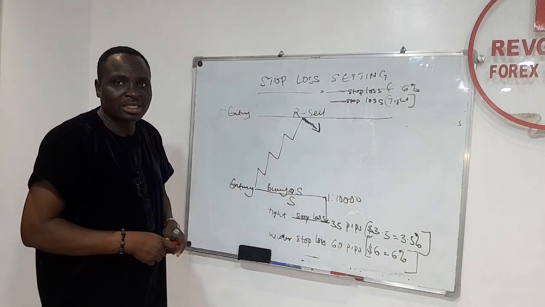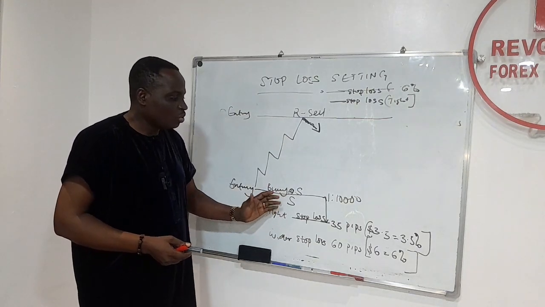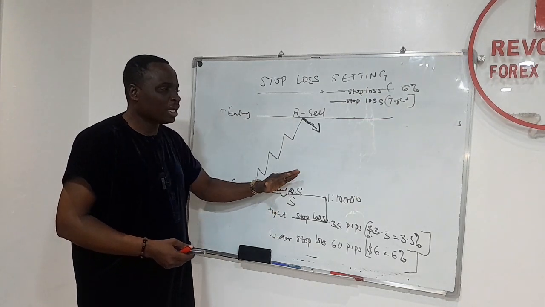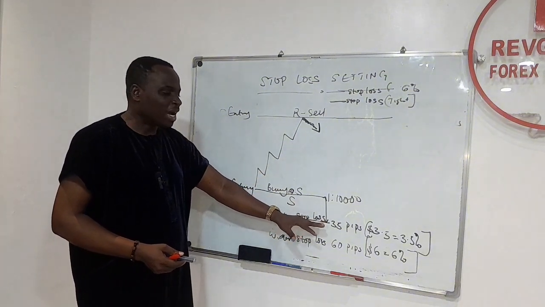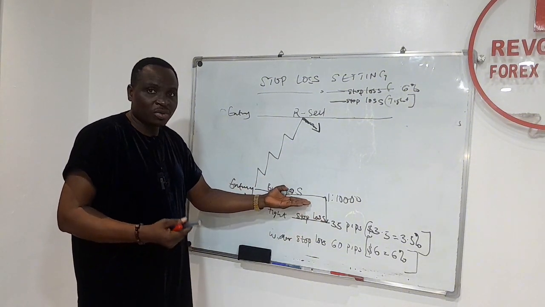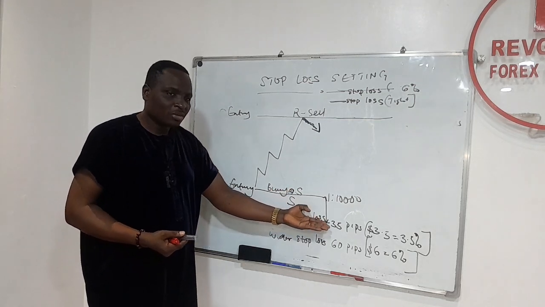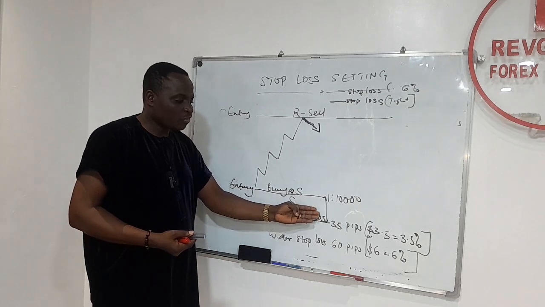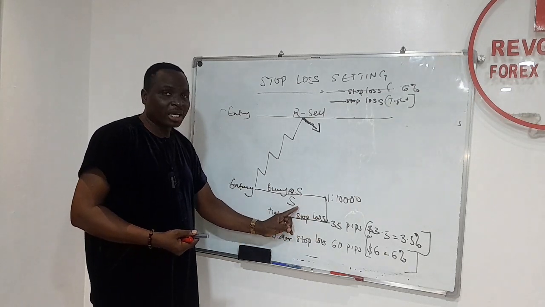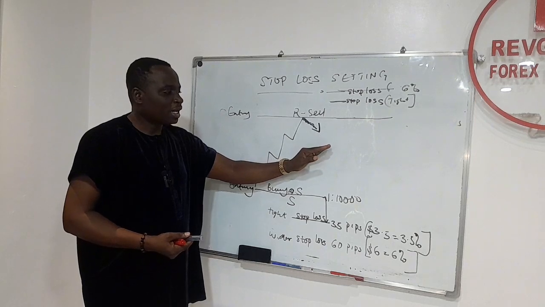As an intraday trader, any market that will respect your analysis should turn, if your key level is intact. Let's say there's a false breakout within 35 pips to 60 pips, the market should continue to respect your analysis.